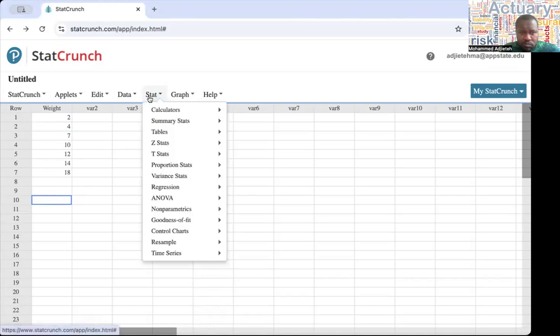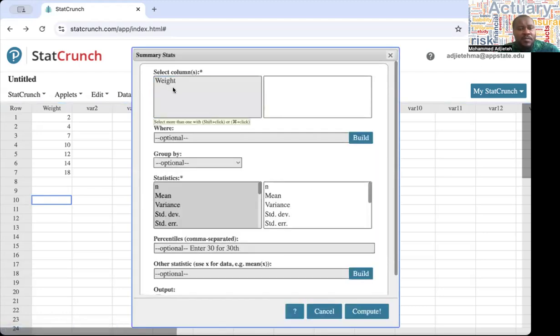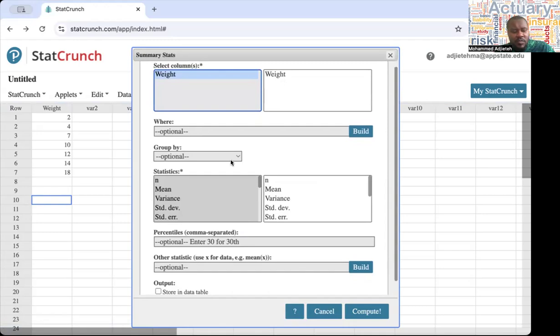So you come to Stats, then Summary Stats, and then Columns, because we want to do the summary stats for the weight, and that is in the column. So we click on this one, and then you click on weight. What do we want?